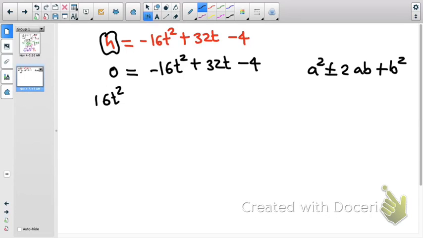We're going to add 16t squared here and then add it over there. We're going to subtract 32t here and then subtract it over there. And we're going to add plus 4, so that it looks the way we want it to look. Now, same thing, complete the square.